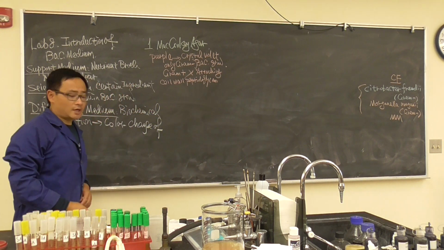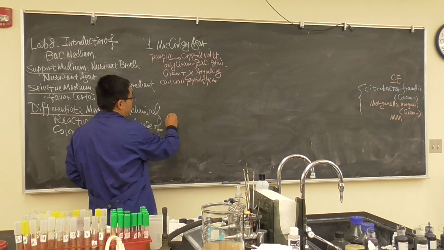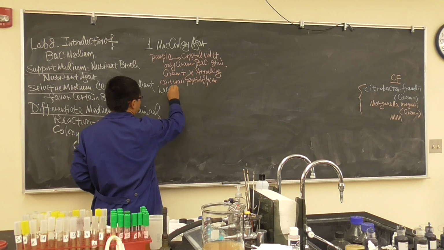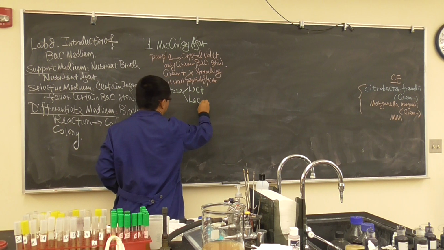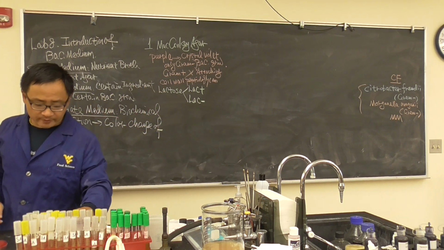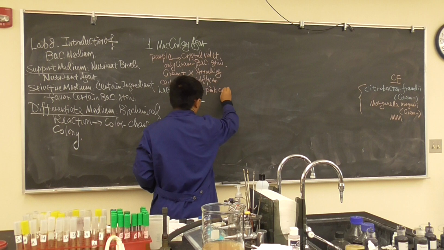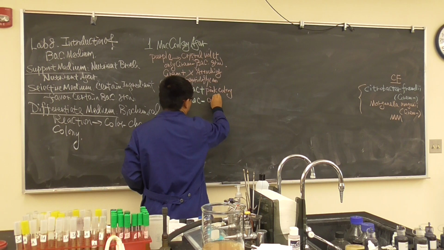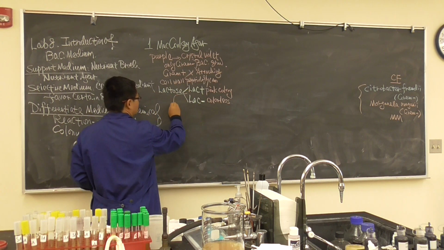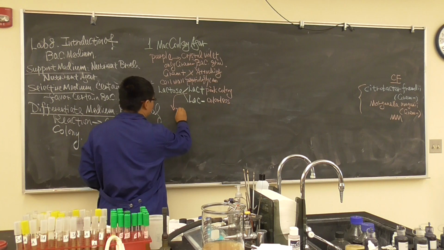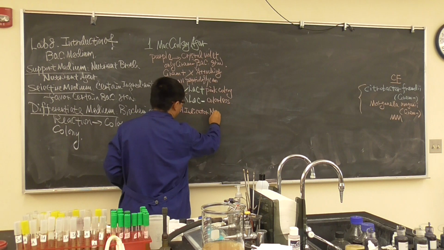Okay? The second thing we also want to mention is that it is of course a differentiated media because of lactose. It could be lactose fermentation positive or lactose fermentation negative. If it's lactose fermentation positive, it is a pink colony. Otherwise, it is colorless. Now, why is it a pink colony? The reason is that there is a pH indicator called neutral red.